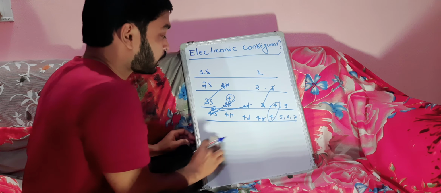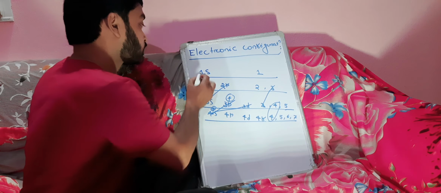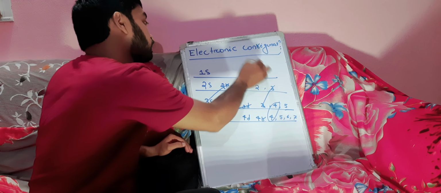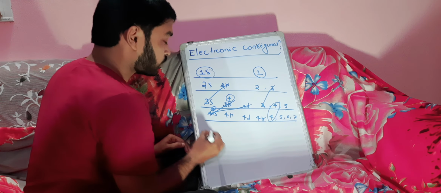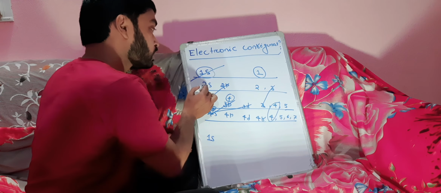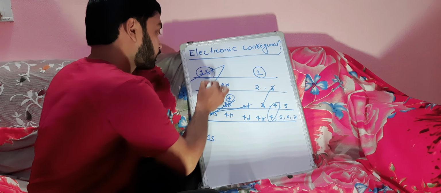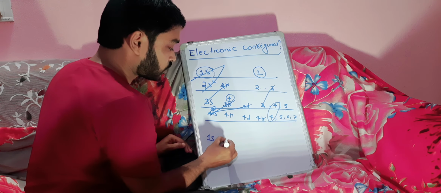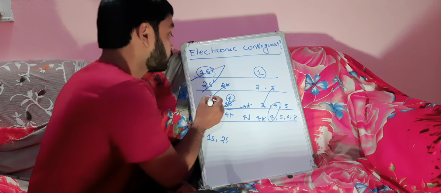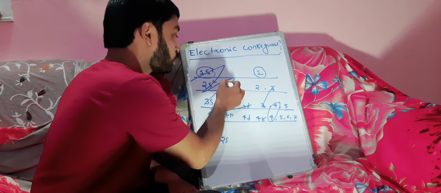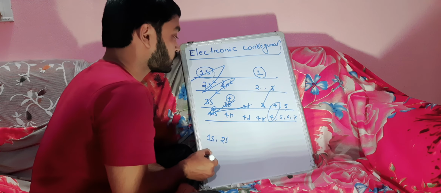So to have the correct sequence of these orbitals, the orbital with lower energy level is 1s. So the starting orbital is 1s, and the second one is 2s as the energy is low. It is the proper sequence of the orbitals for the electronic configuration. The next is 2p. 2p has the energy of 3 and 3s has energy 3.